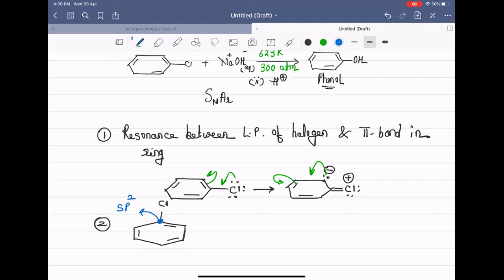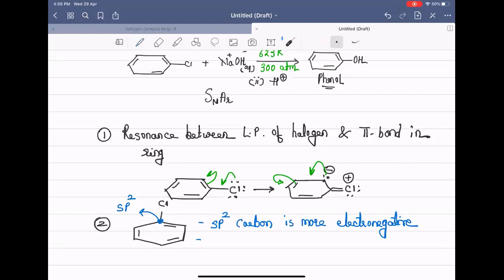Now you know that sp2 carbon is more electronegative. Because sp2 carbon is more electronegative, it cannot easily shift electrons onto chlorine.